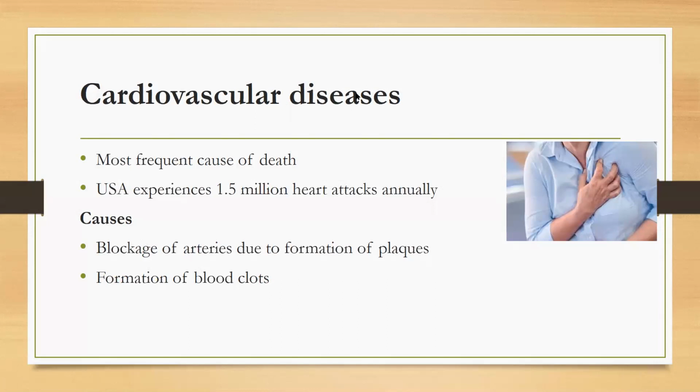Then another cause is the formation of blood clots. Blood clots may also be formed in the blood circulation systems in human beings anywhere in the body. And once these blood clots are developed in blood system, they would hinder the circulation of the blood.